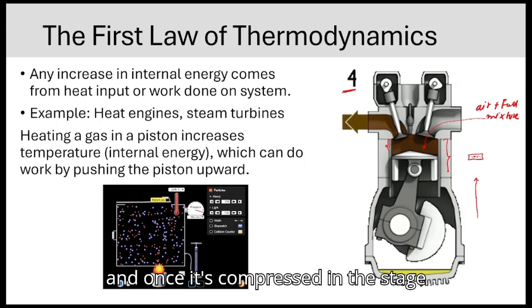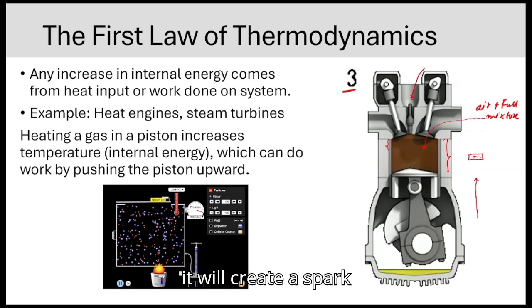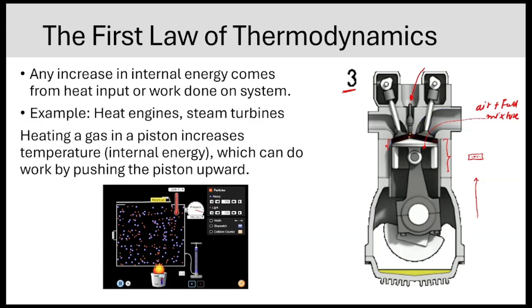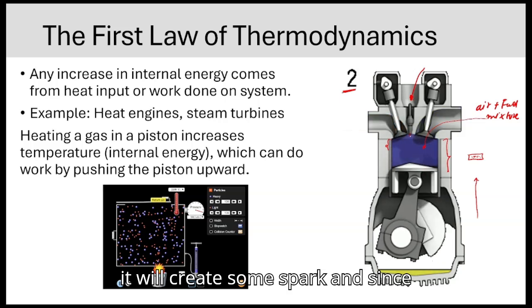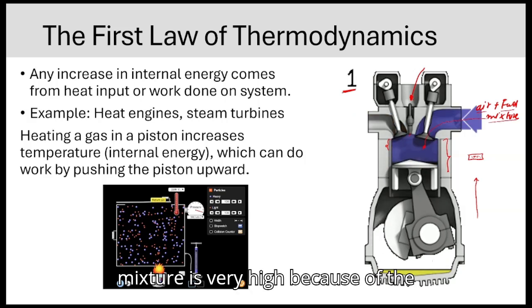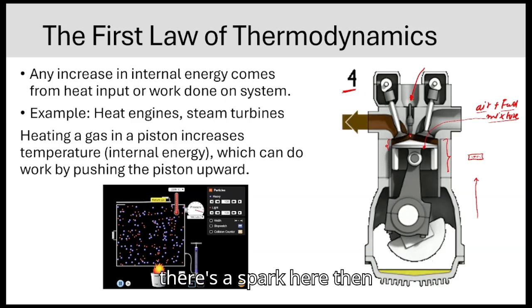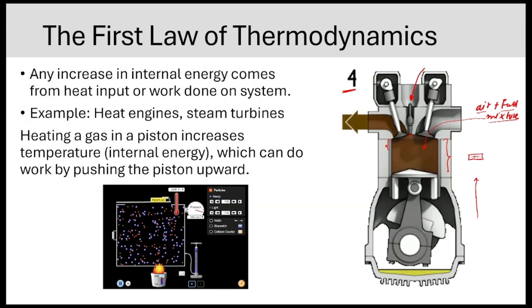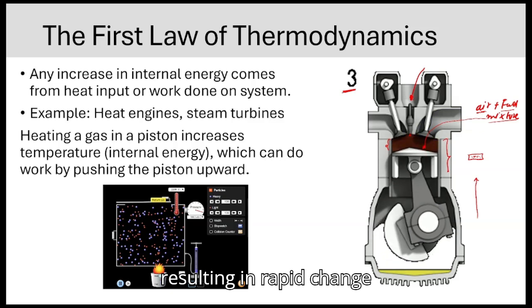And once it's compressed, in stage 3 there's a spark plug here. It will create a spark. And since the internal energy of this air and fuel mixture is very high because of the compression, and on top of that there's a spark, suddenly all the fuel will burn using the oxygen in the air, resulting in rapid change in energy.